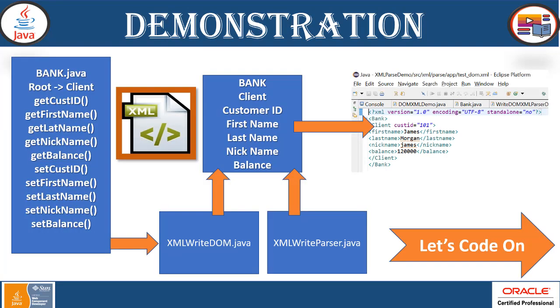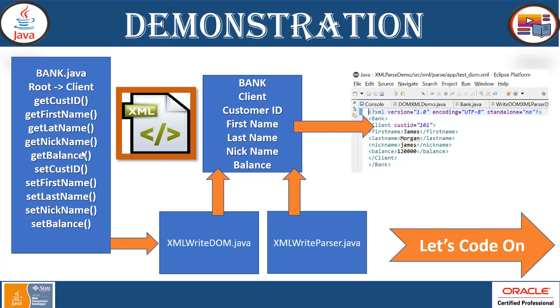For the demonstration, we are going to have an example of a Bank.java getter and setter class. This type of application contains the customer ID, first name, last name, nickname, and balance. These parameters we are going to use, and the input will be there in the XML like this. First we need to get and set these parameters from the getter and setter methods.